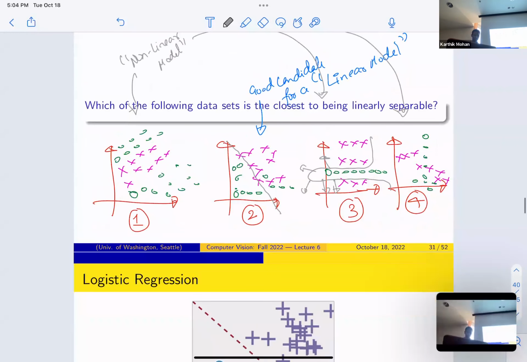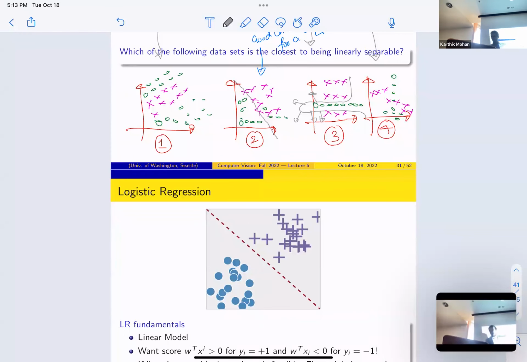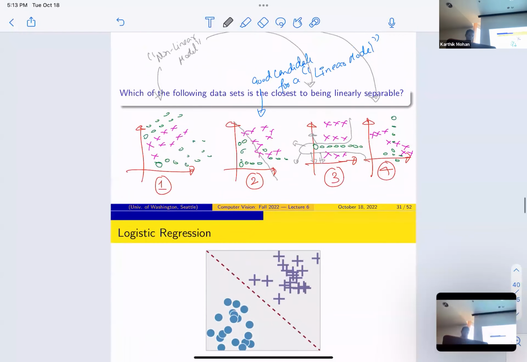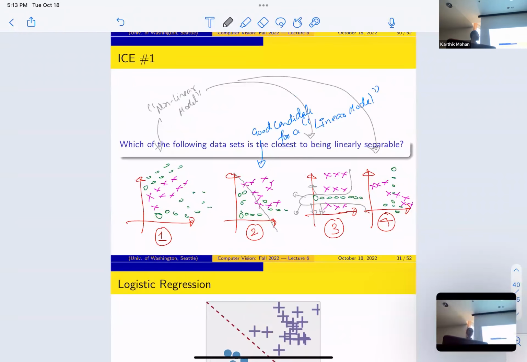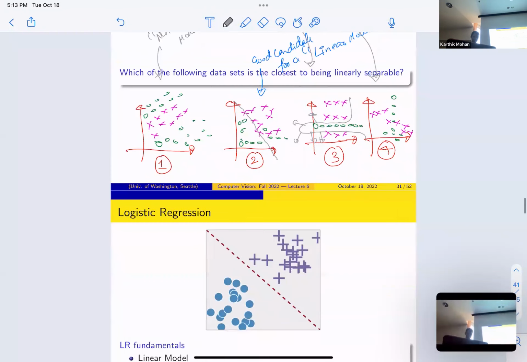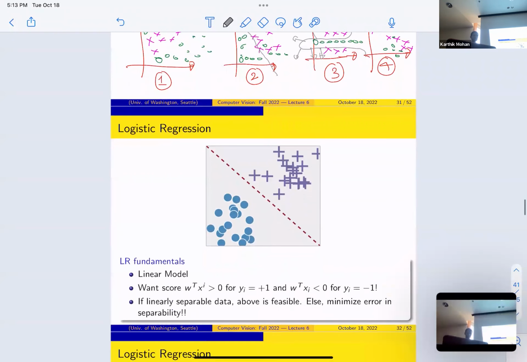Okay, so now that we've spoken about linear separability of classifiers, let's actually look at a classifier. How do you obtain this hyperplane?